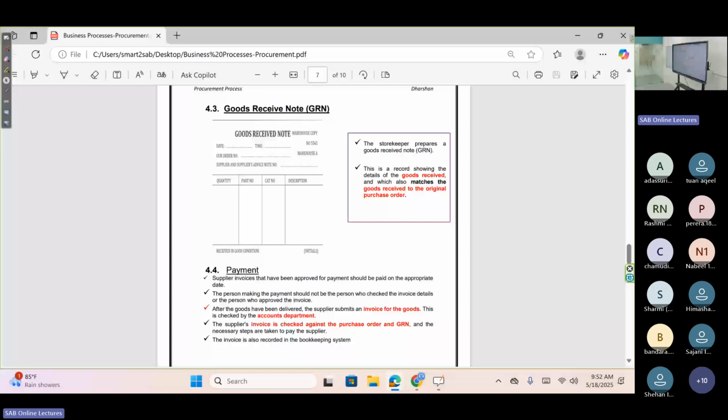Three-way matching in sales, order. Three-way matching.